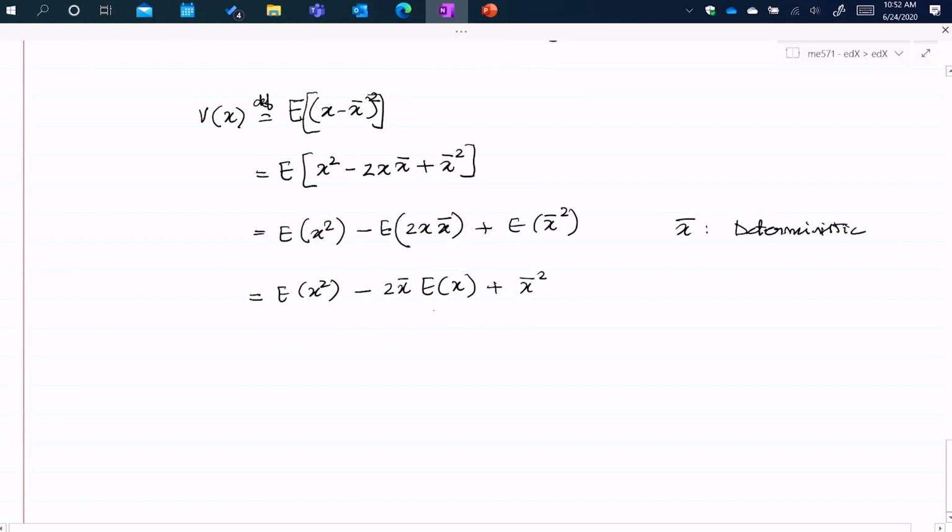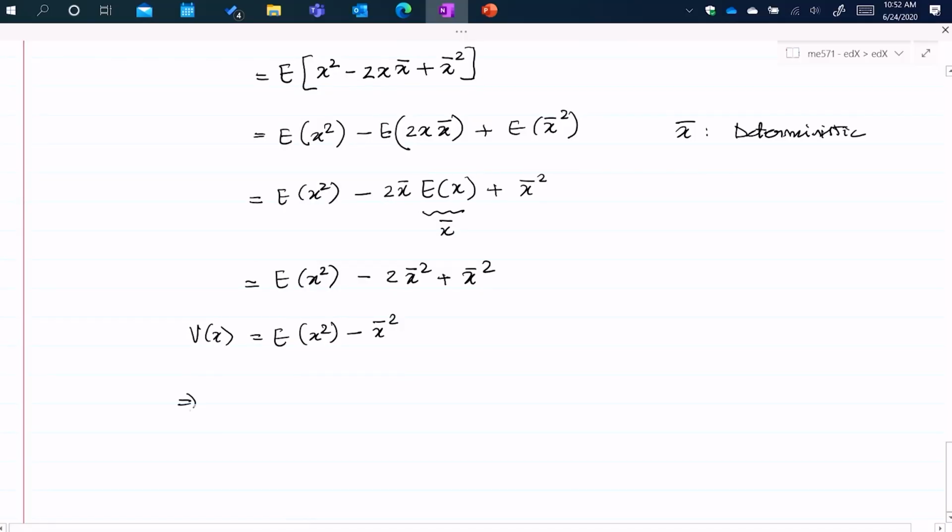Now this quantity is x bar, so this is the expected value of x squared minus 2 x bar squared plus x bar squared, and therefore the variance of x is the expected value of x squared minus x bar squared, and that in turn gives us the relationship that we seek, which is that the expected value of x squared is the variance of x plus x bar squared.